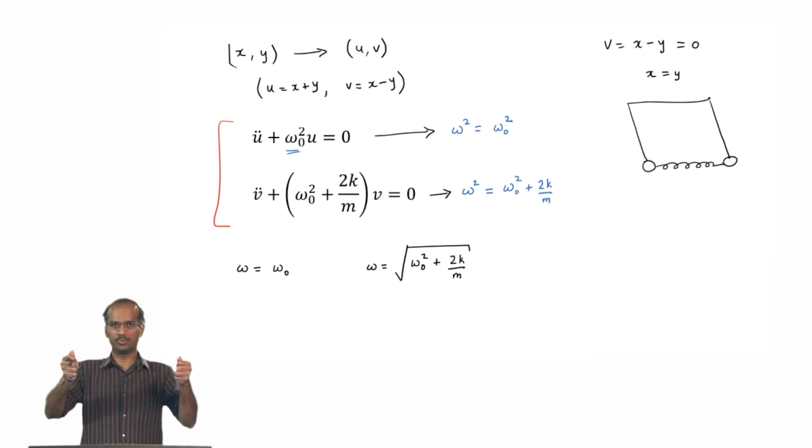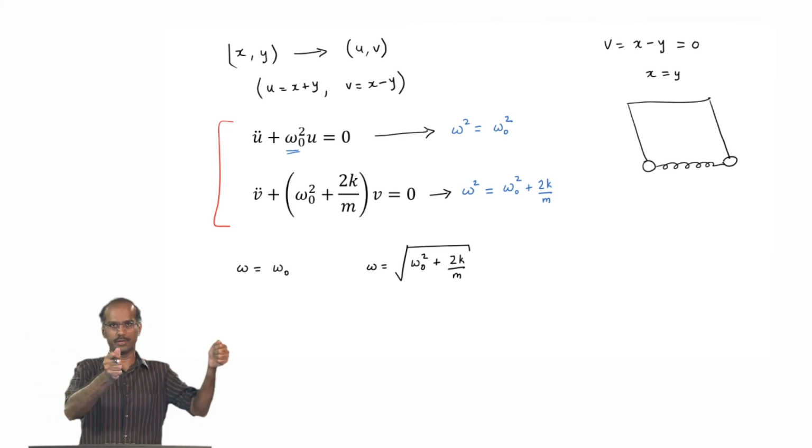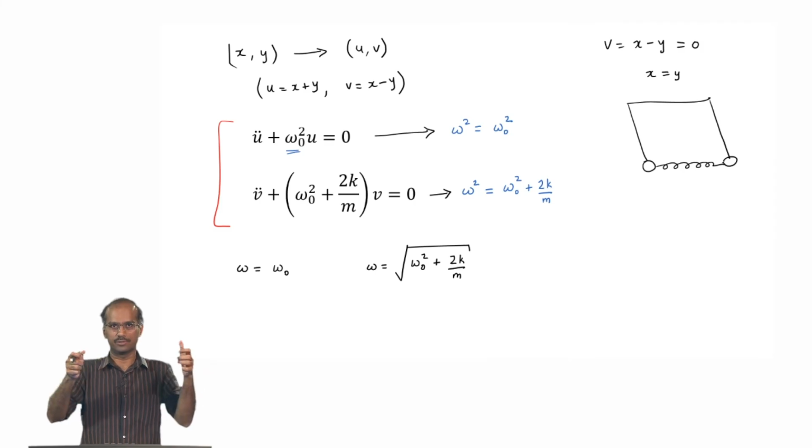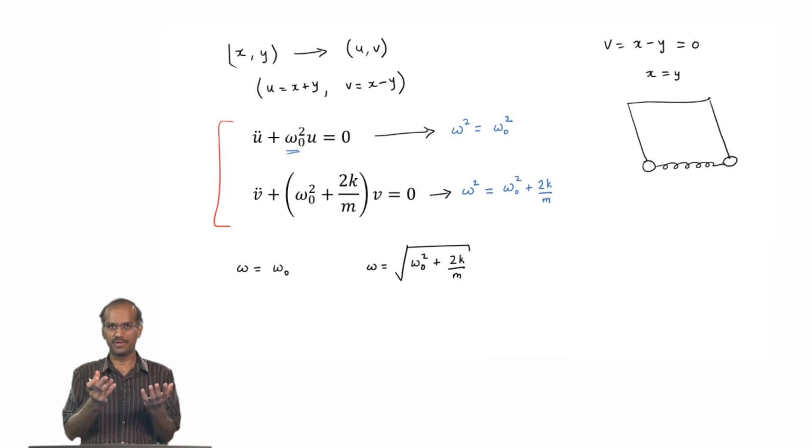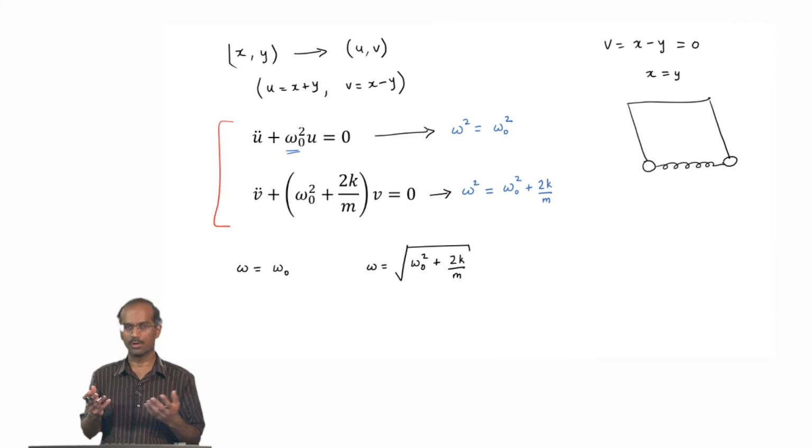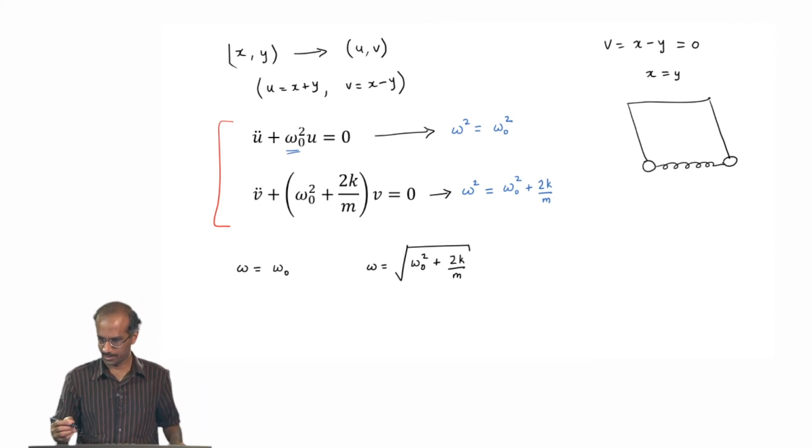So, it is like these two pendula which move like this in phase. So, the spring that is in between them is neither extended nor compressed. So, there is no effect of the spring at all in this particular mode of the coupled pendulum.